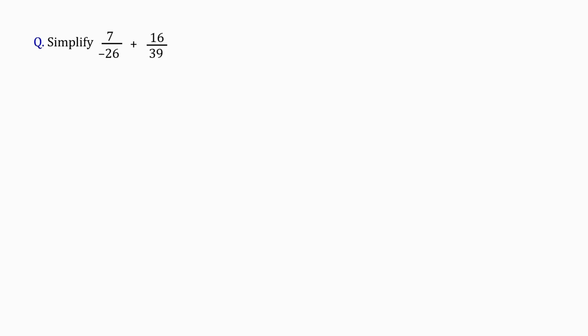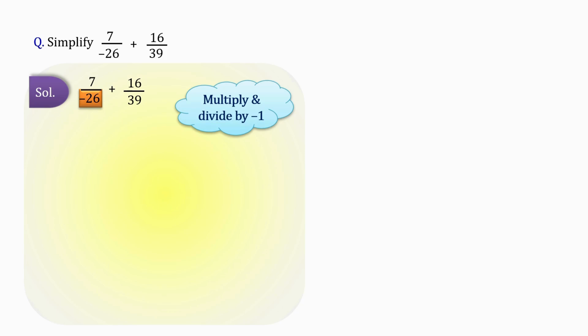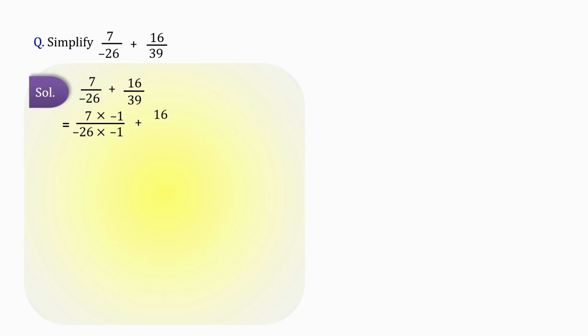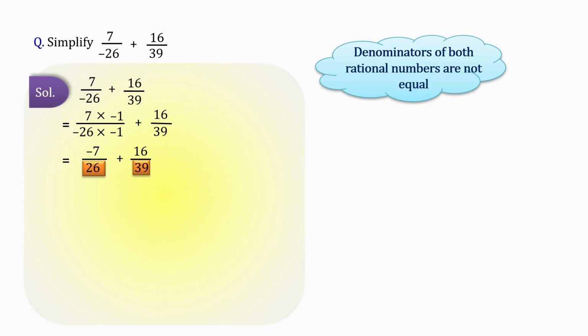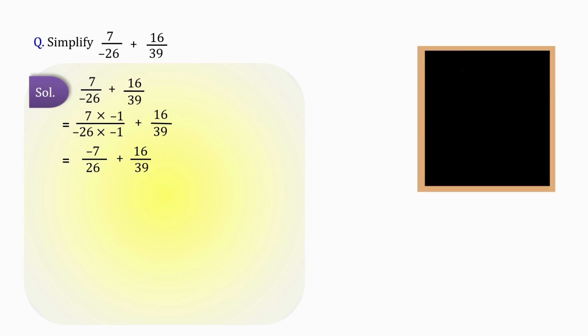So simplify 7 by minus 26 plus 16 by 39. So here, since the denominator is negative, we need to multiply it by minus 1 with both numerator and denominator. Now for the second case, we will not multiply anything since the denominator is already positive. Now since the denominators of these rational numbers are not equal, we need to take the LCM to make them equal.